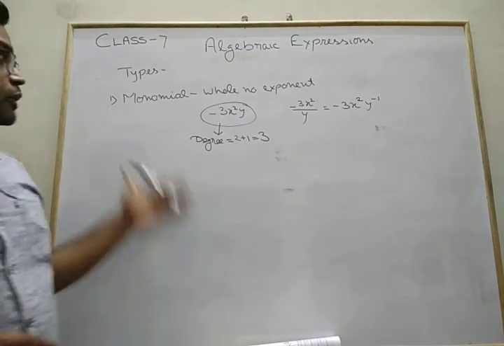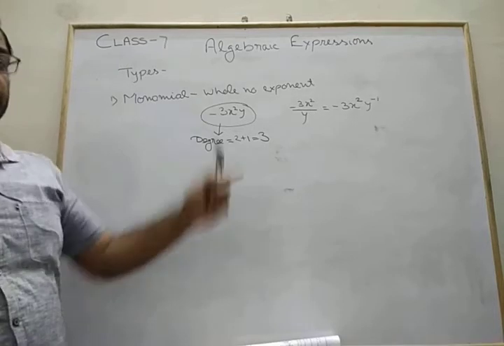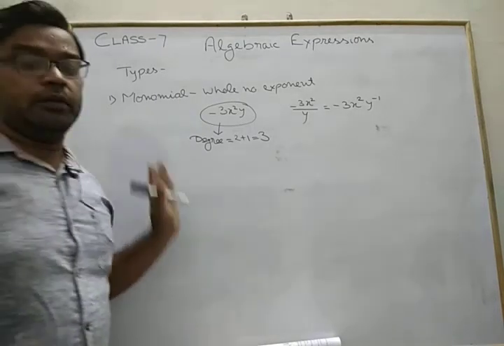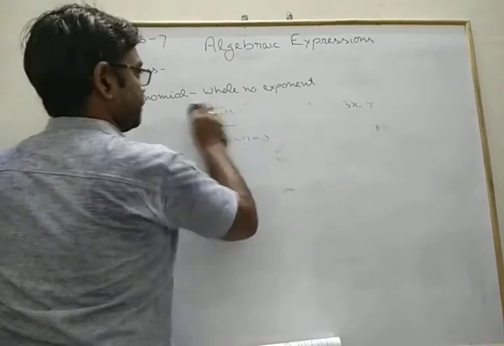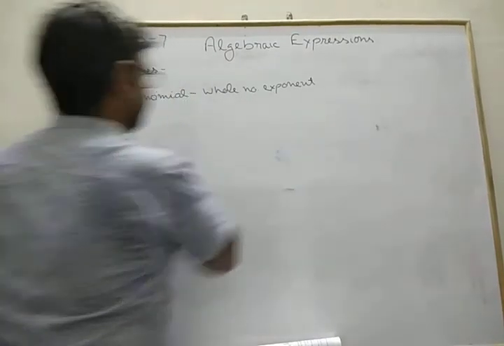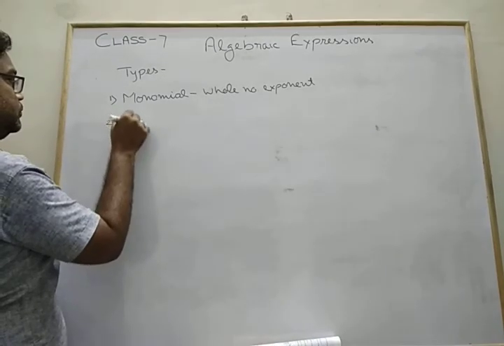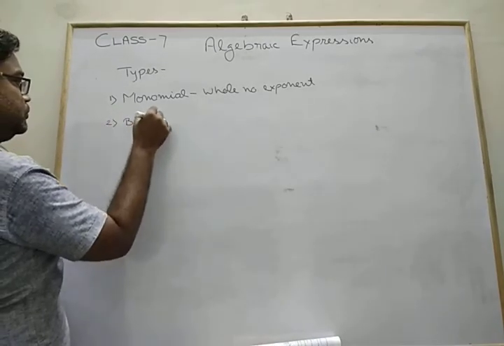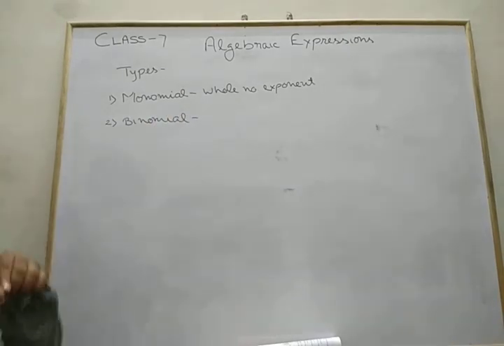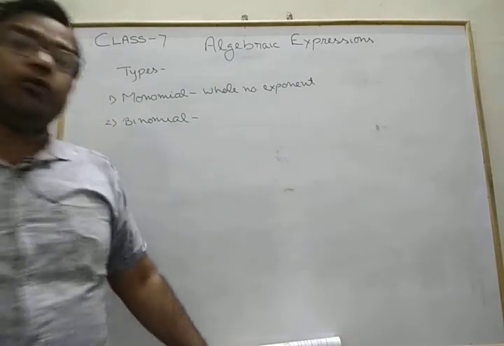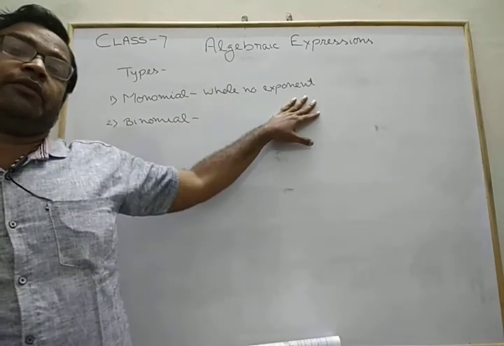So now, if monomial is clear, we move to the binomial. Otherwise, you must rewind the video and listen again. In binomial, all things are the same except the number of terms.